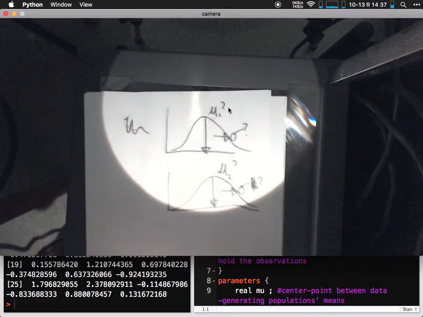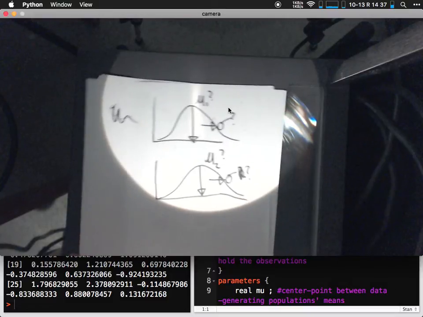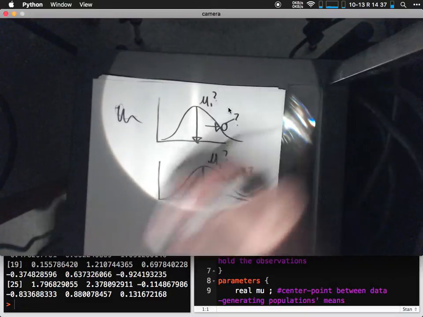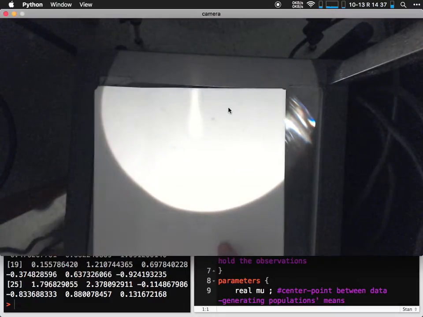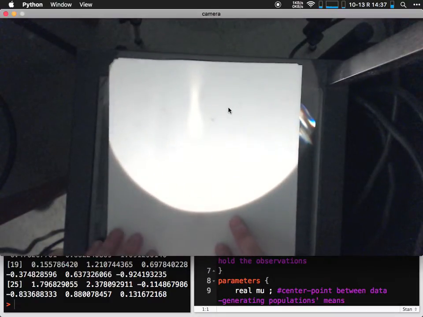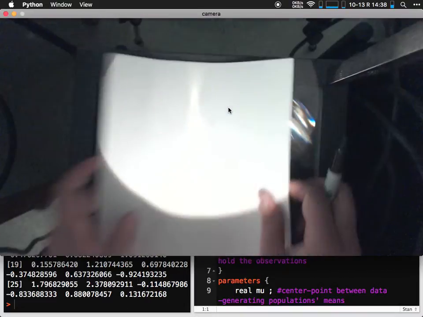Okay, so we still have this same scenario where we've got two groups. We're going to have a model that has them with a common mean, but we're going to shake up how we're actually reflecting the numbers.